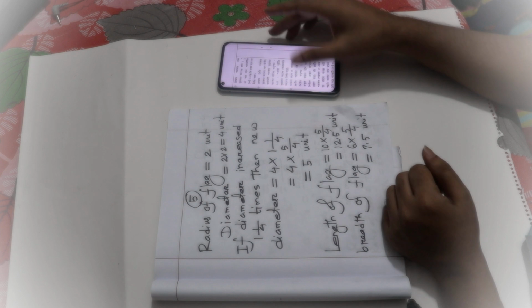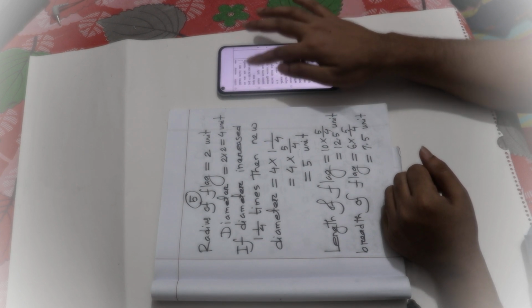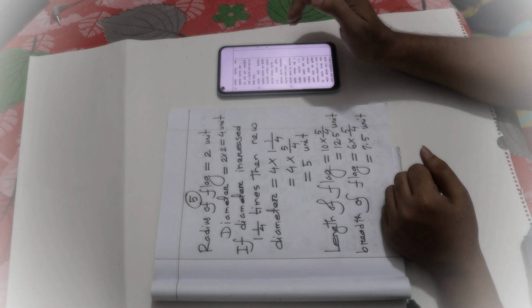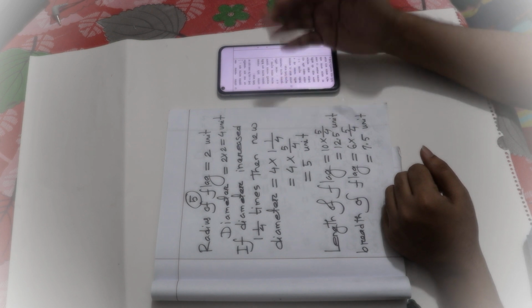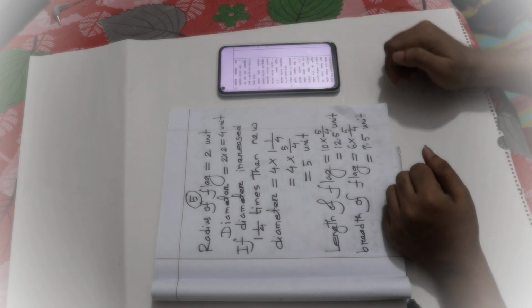I repeat, if the diameter of the red circle increases 1 and 1/4 times, then what would be the length and breadth of the flag?